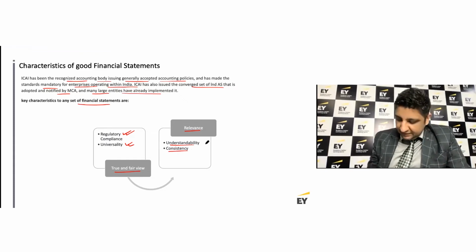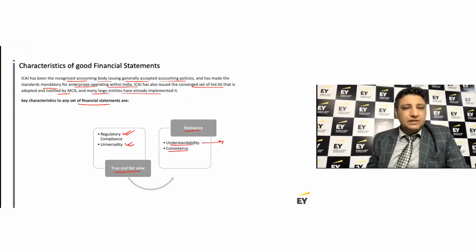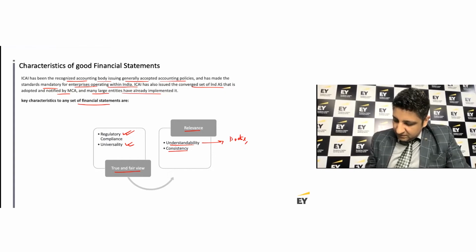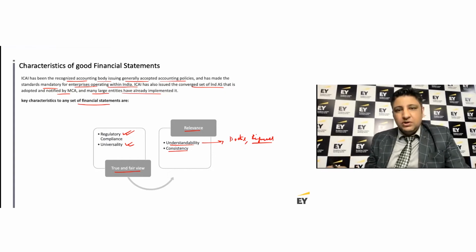When I refer to understandable, do I expect, for example, somebody who is not an accountant, let's say a doctor or an engineer, to know what these financial statements are trying to say? Well, the answer is no. Do we make it understandable to these people as well?